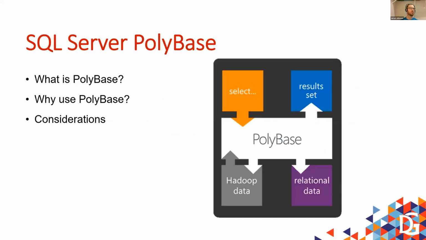So SQL Server PolyBase. What is PolyBase? PolyBase enables your SQL Server to process Transact-SQL queries that read data from external sources. This could be another external database. It could be another data source that's accessible via ODBC. And it really is just the latest version of data virtualization for SQL Server.